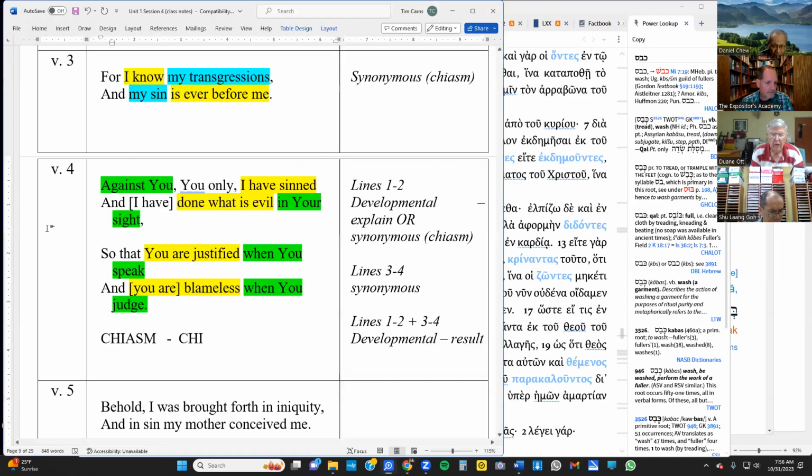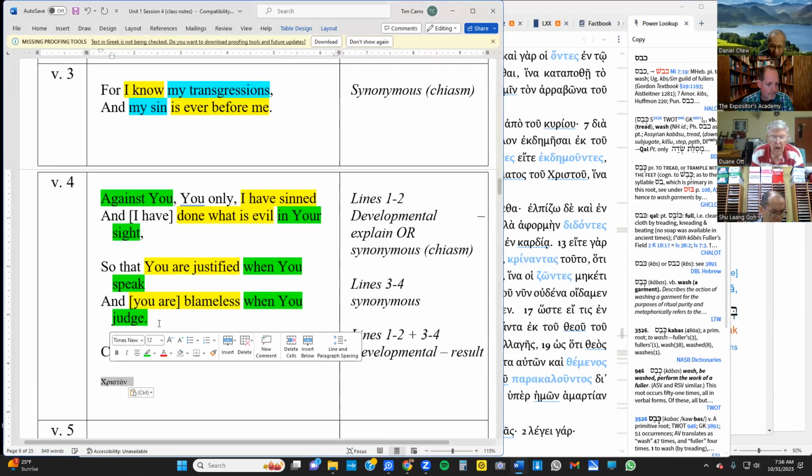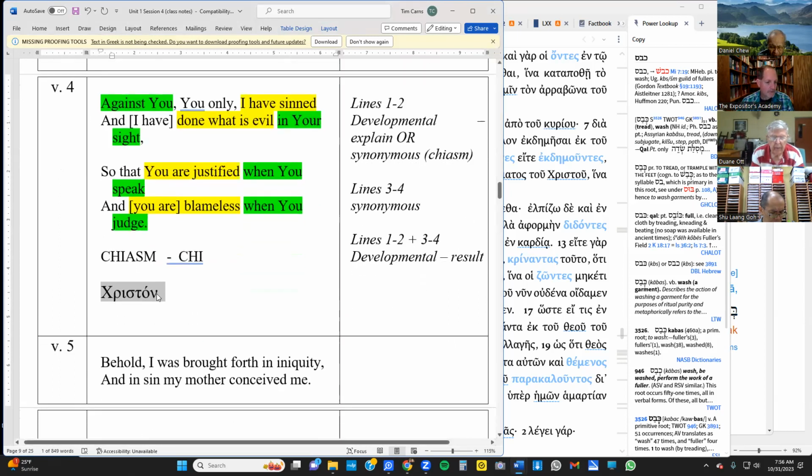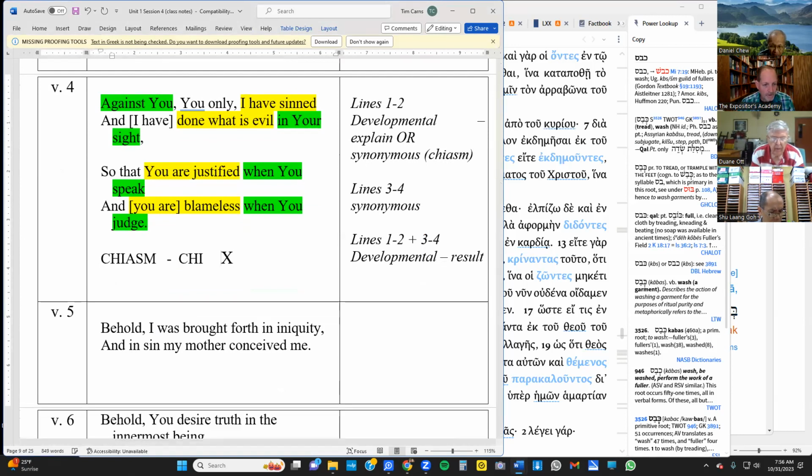Let me take this over here. I'll just take these other letters out. So this letter here, this looks like an X, is actually a chi. So chiasm came from this idea of the shape of the letter chi.